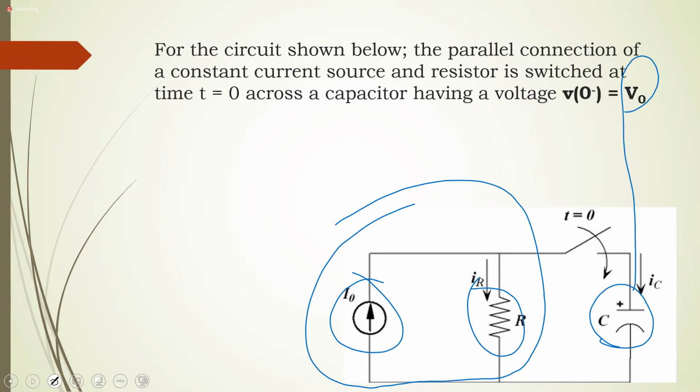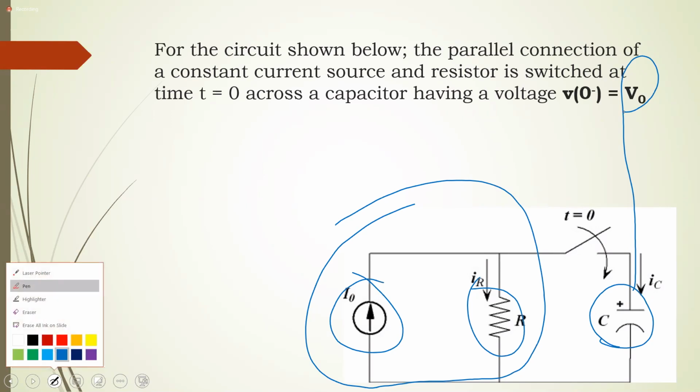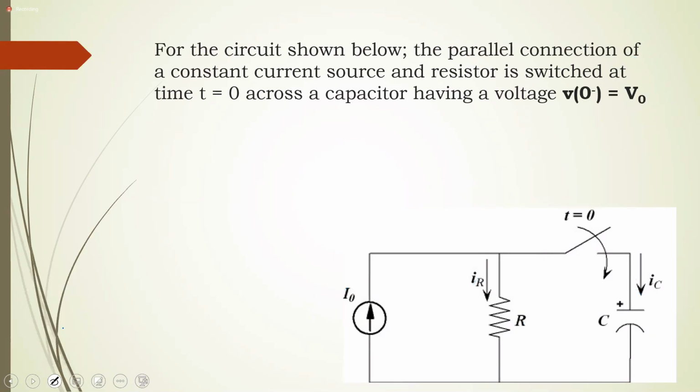So that's the scenario. Once we have closed the switch, then we'll have these three branches all connected.